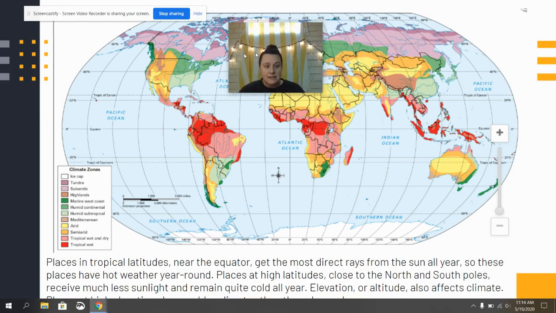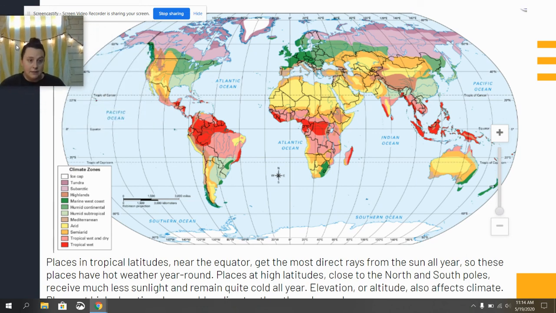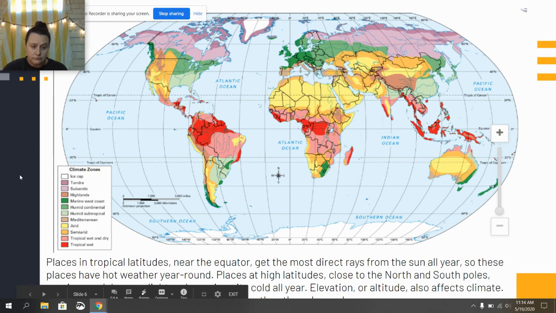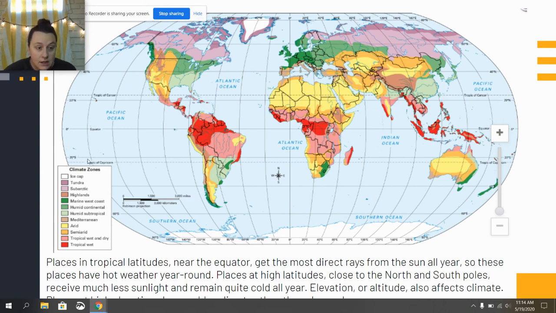So I just wanted to take a second and talk to you real briefly about climate, because we're definitely going to talk about climate a lot in this class. And so it's a good idea for you to have a basic concept of the climate regions. So places that are in tropical latitudes. And a tropical latitude is going to be near the equator. Okay, so you can see the equator is right here, kind of cuts the world in half.